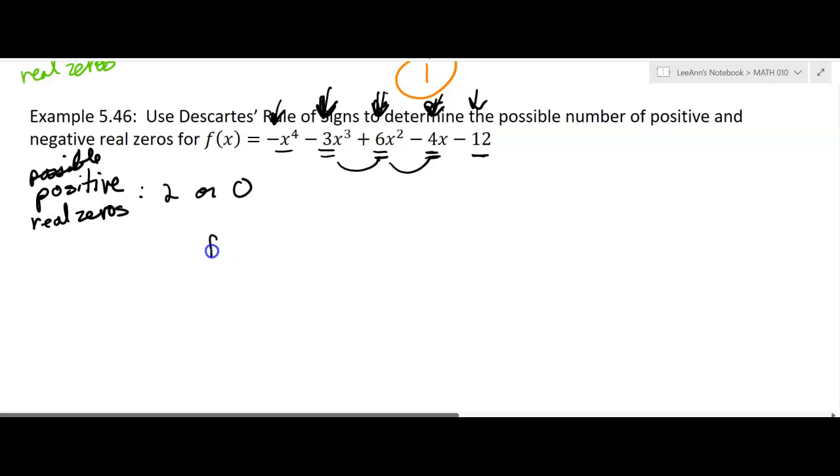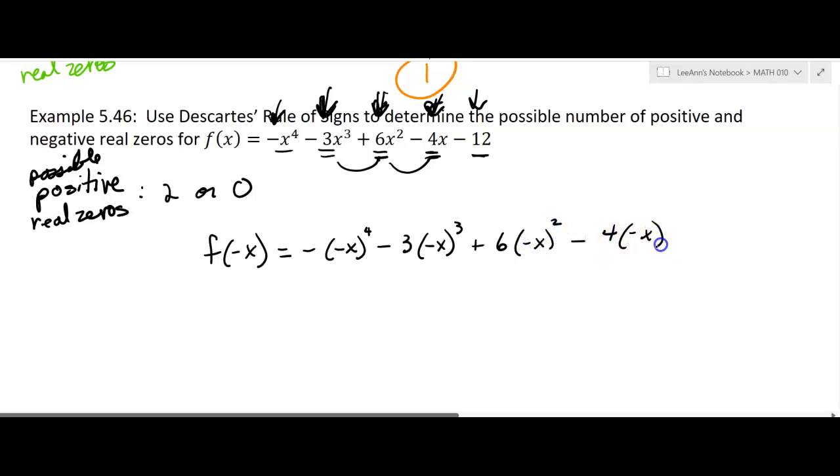So I take f of negative x is going to equal, now I have negative x to the 4th minus 3 negative x cubed plus 6 negative x squared minus 4 times negative x minus 12. Or you could just remember, hey, it changes the sign if it's an odd exponent on x, and it doesn't change it if it's even.